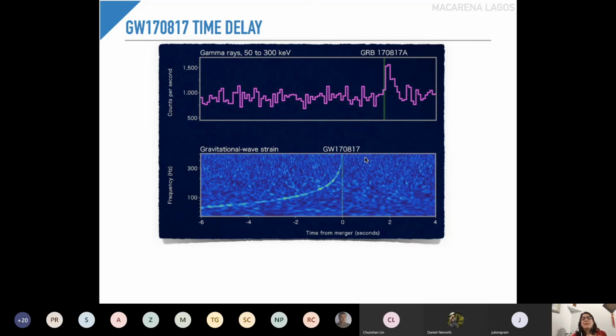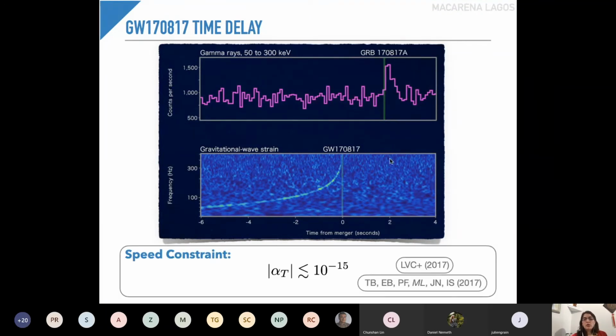So you could set a bound on how fast gravitational waves could propagate, and that bounds the value of this parameter alpha t. Using that information together with the fact that you knew how far the source was, about 40 megaparsecs away, you end up constraining alpha t to be smaller than 10 to the minus 15.